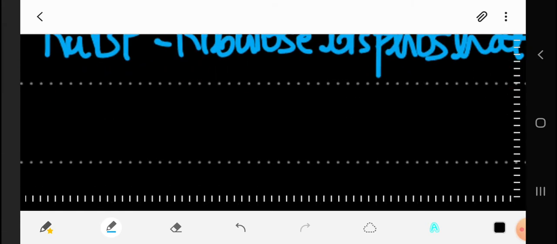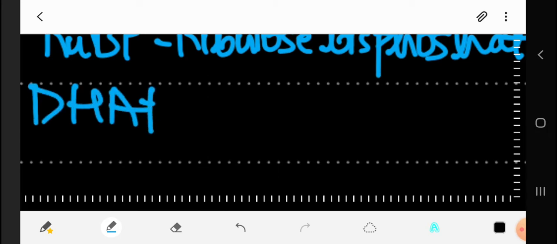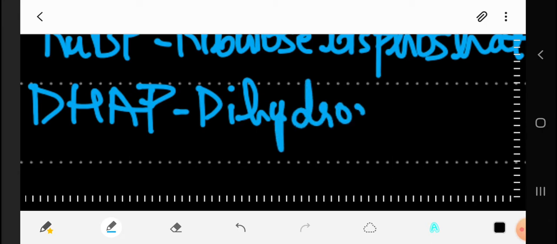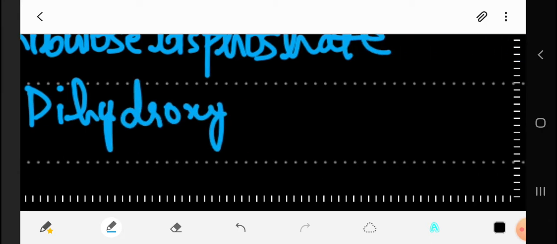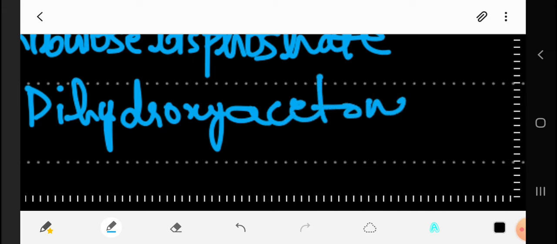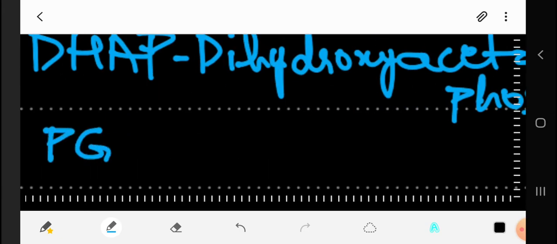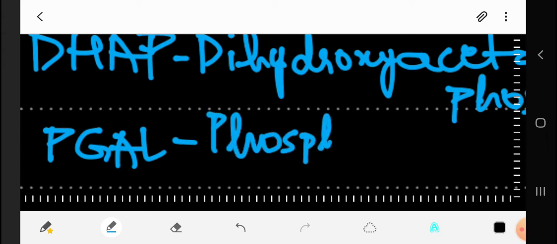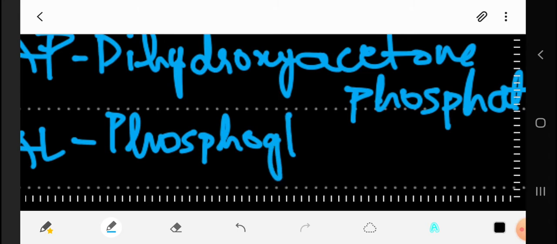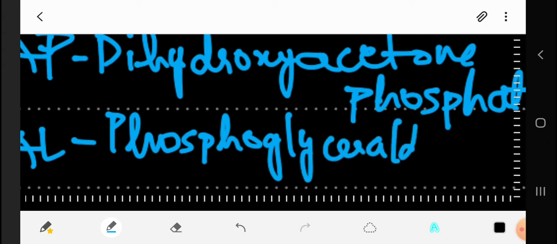Then we have DHAP, which stands for dihydroxyacetone phosphate. Then we have another thing called PGAL, which stands for phosphoglyceraldehyde.